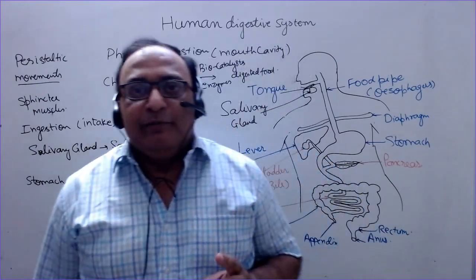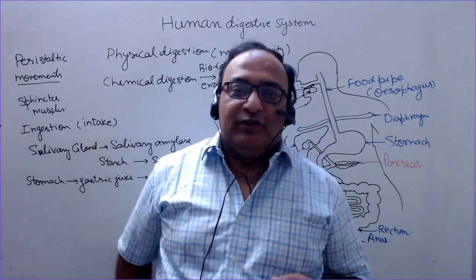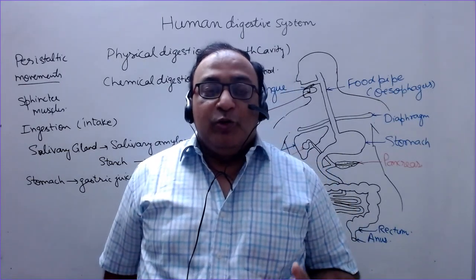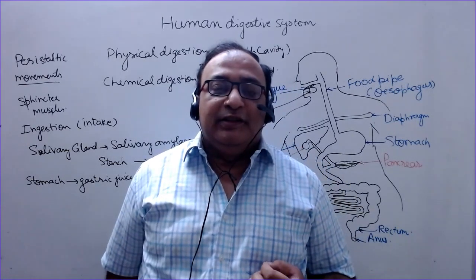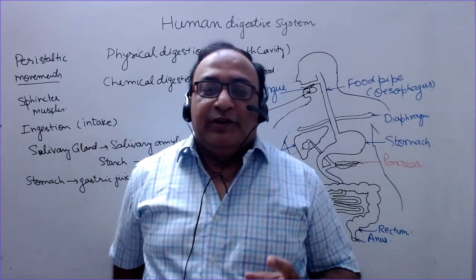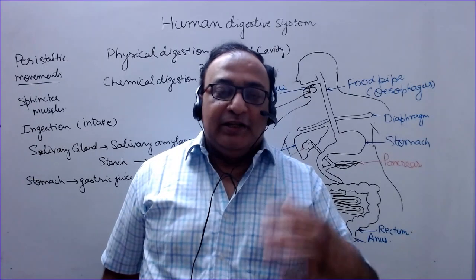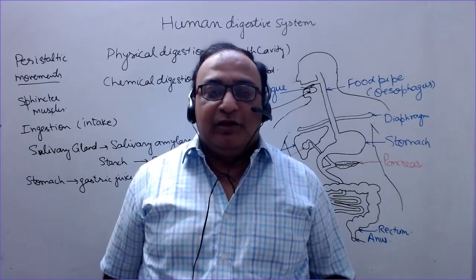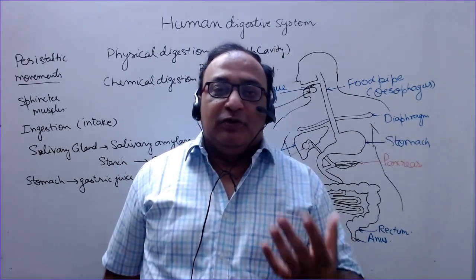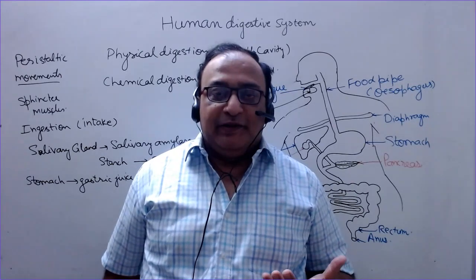That acidic medium is provided by hydrochloric acid. Now why is mucus secreted? Mucus is a substance that saves the stomach from being damaged. The inner lining of the stomach does not get damaged by the hydrochloric acid present.